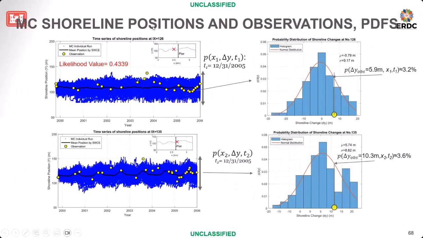We did 100 runs, with 100 wave samples input to GenCade, and those individual positions form a kind of cloud of data. That means all the possible shoreline positions driven by the 100 Monte Carlo samples.